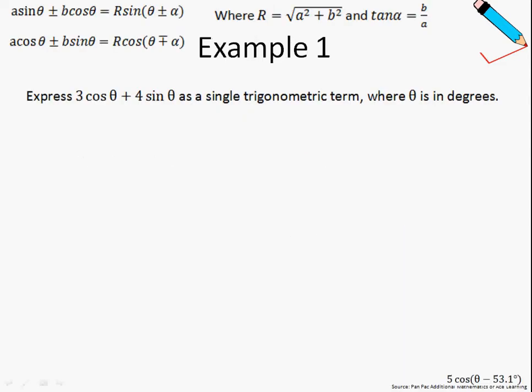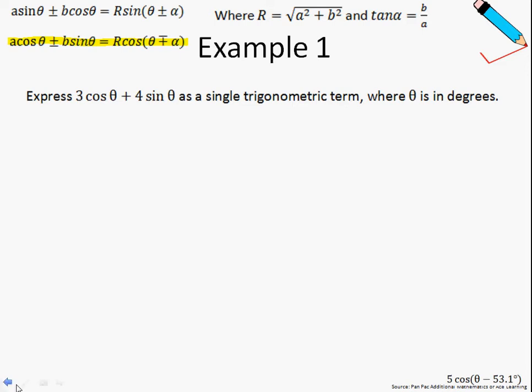So in example number 1, we're asked to express 3 cosine theta plus 4 sine theta as a single trigonometric term where theta is in degrees. So what we're going to do is to realize that we are actually in the form of the second version, or the second type of R formula over here.